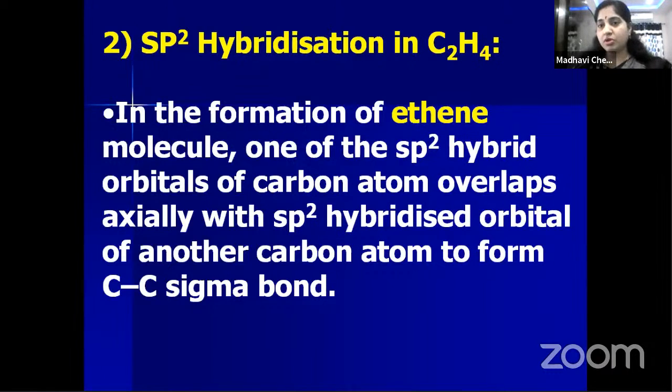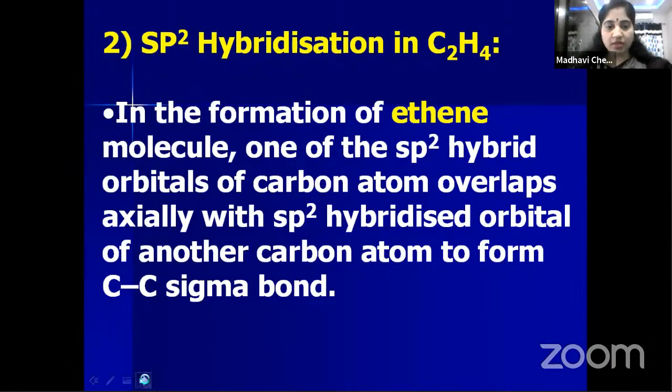So 1 p orbital is unhybridized in each carbon, right, children? You have to remember that. Next, one sp2 hybrid orbital of each carbon overlaps with the sp2 hybrid orbital of the other carbon and forms the CC sigma bond.